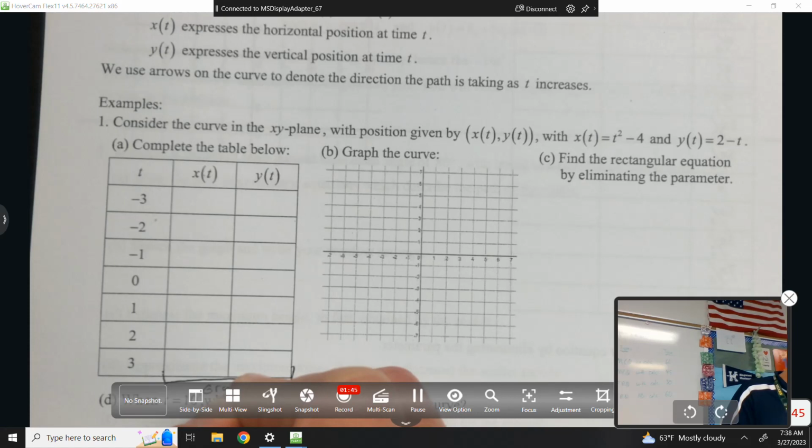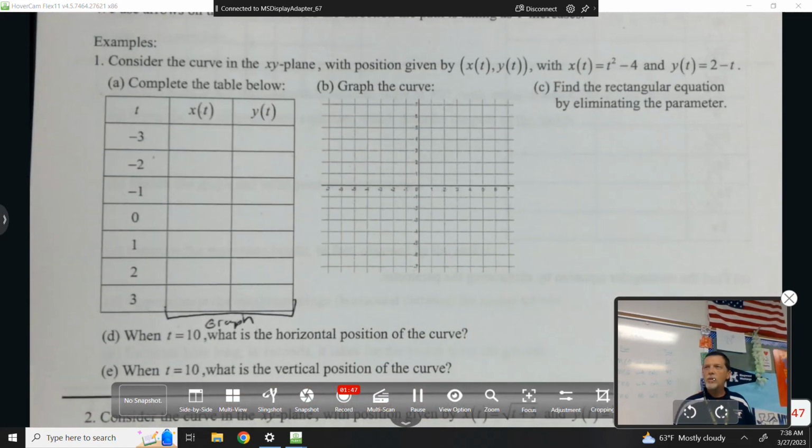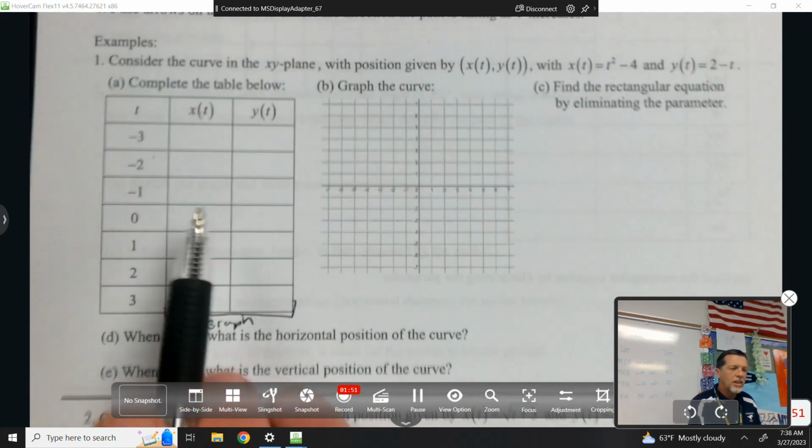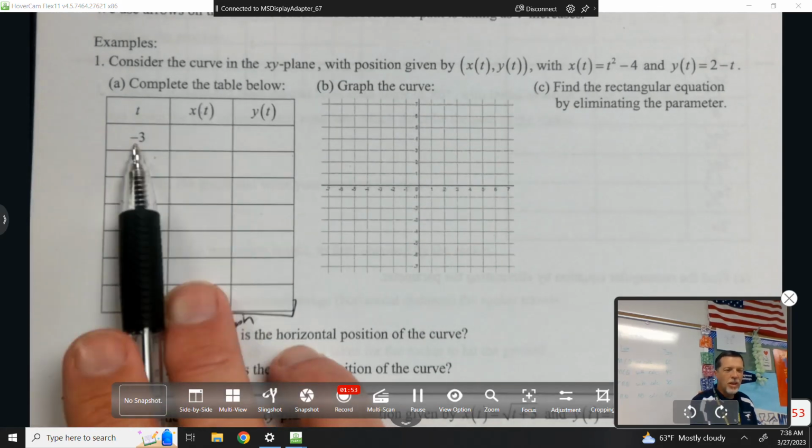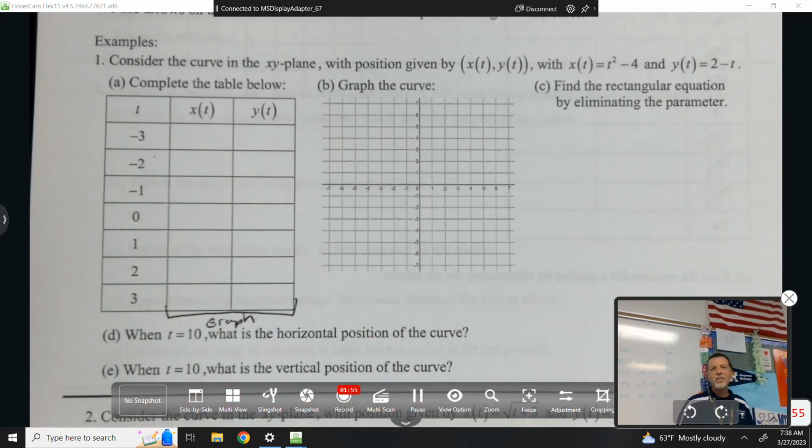I mean, I guess just like always, you graph x comma y. It's just an extra step to get there, because you have to plug in t to x and plug in t to y, and so it's weird, it's different, it's new, but again, I don't think it's that difficult.